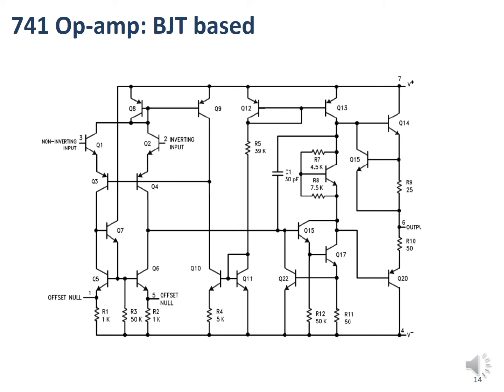So this is the circuit design of perhaps the most classic of all op-amps, the 741. This can be made with various transistor technologies, but usually it's made with a BJT based technology, and that's what I've shown here. What you can see in the diagram is that my inverting input comes into Q2 and my non-inverting input comes into Q1.